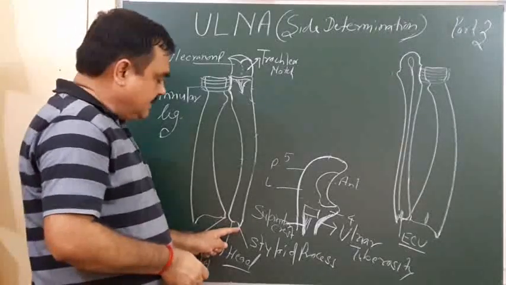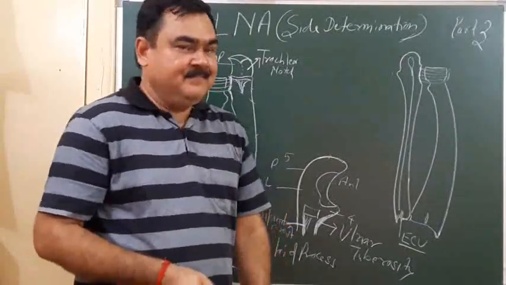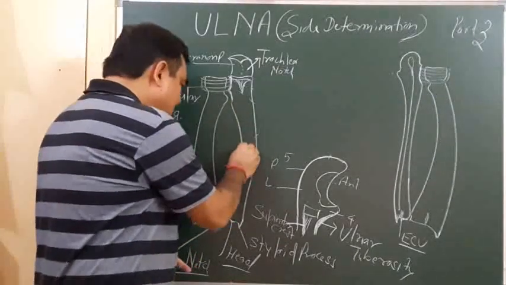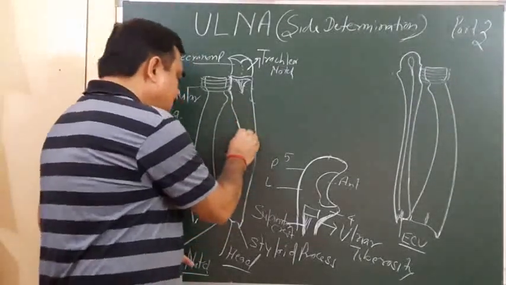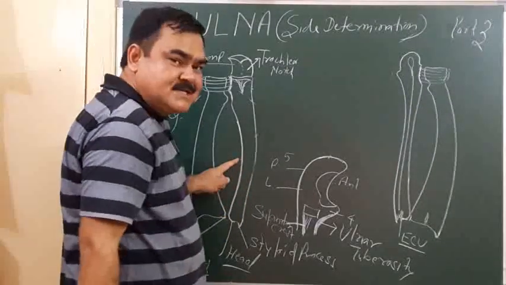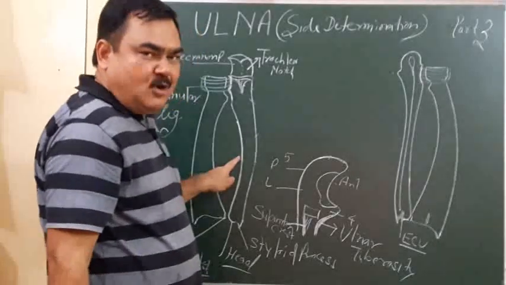The direction of the styloid process is posteromedial. And another thing, this is the lateral border. It is the sharpest border, and it is also known as the interosseous border.